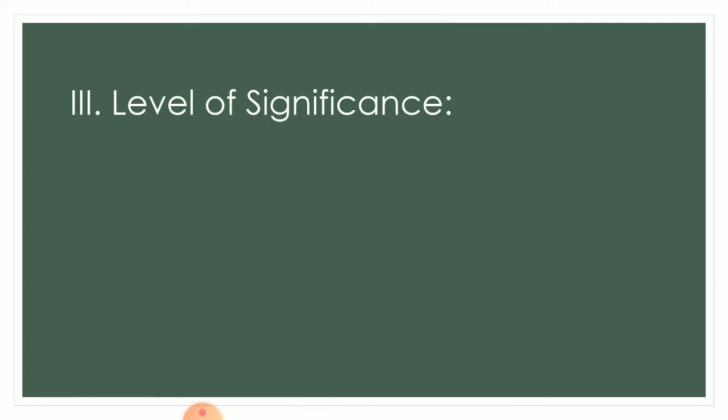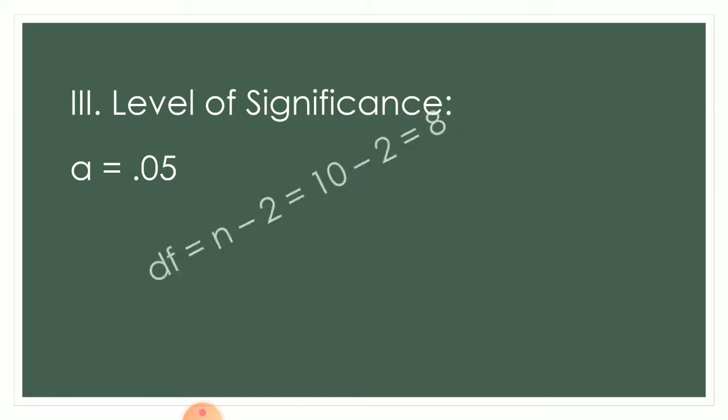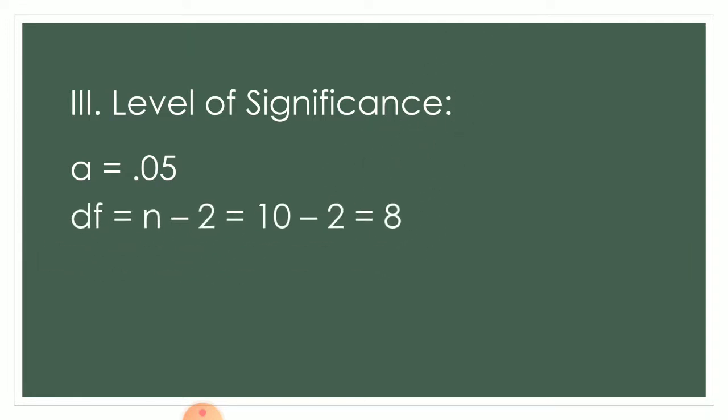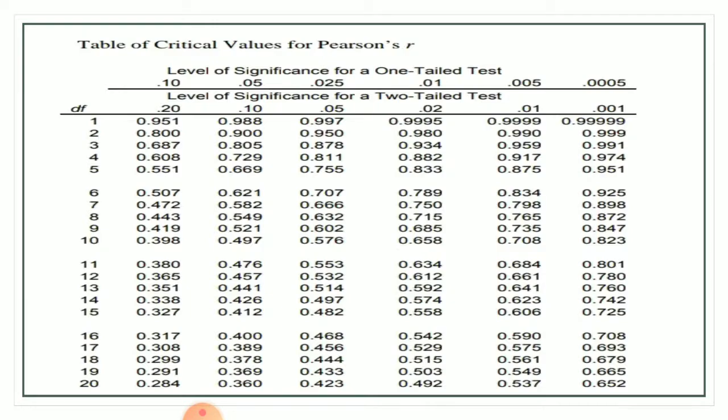Next is the level of significance. So alpha is 0.05. Then for the degrees of freedom, that is n minus 2, where n is the sample size, so that is 10 minus 2, which is equal to 8. And for the r tabular value, let us use the r table.